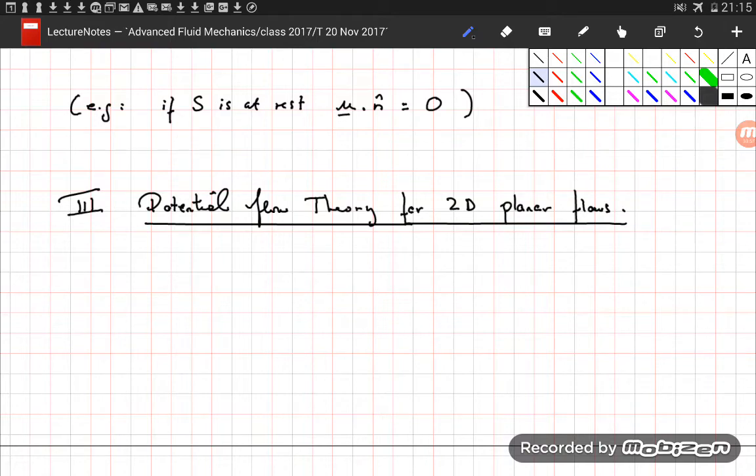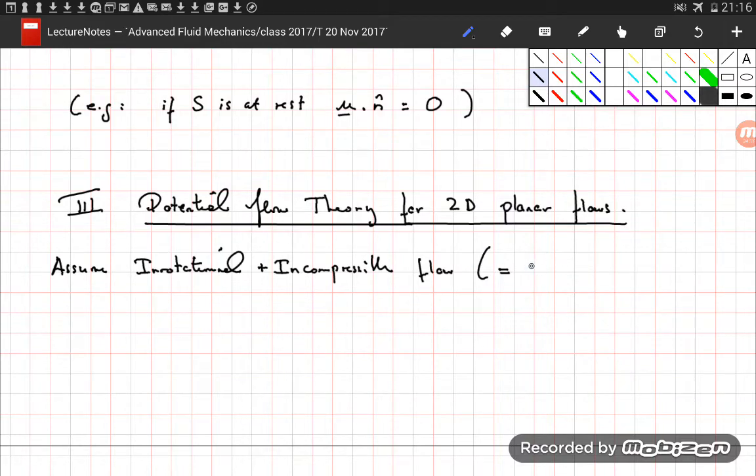So here is what we're assuming: we assume an irrotational, incompressible flow.